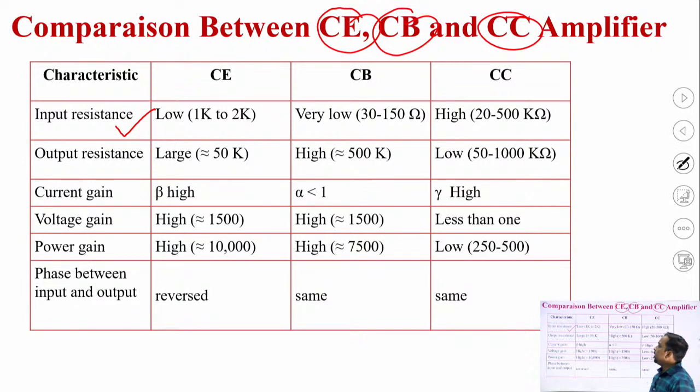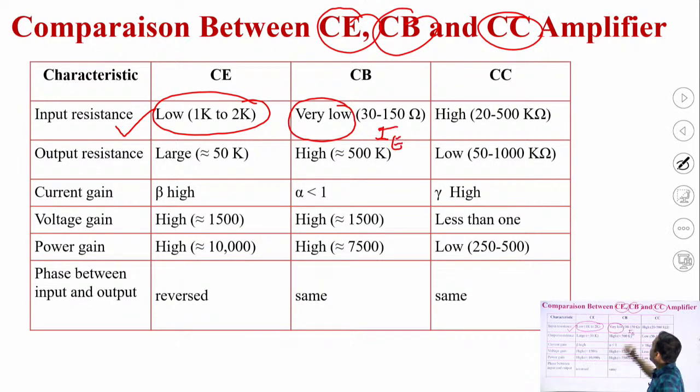In the common emitter configuration, the input resistance is low, of the order of 1 kilo ohm to 2 kilo ohm, whereas in the common base configuration it is very low. Why is it very low? Because in the common base configuration the input current is very high, because the input current is IE. So if the input current is very high, naturally the resistance will be very low.